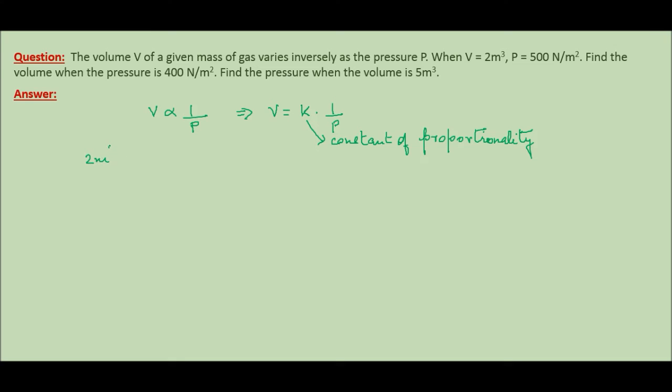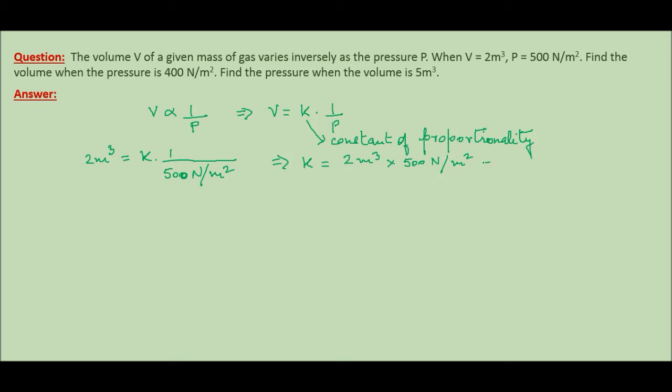2 meter cube is the volume, and K times 1 by 500 Newton per meter square. This is the pressure. Therefore, the value of K is, we take this 500 to this side, so it becomes 2 meter cube times 500 Newton per meter square.